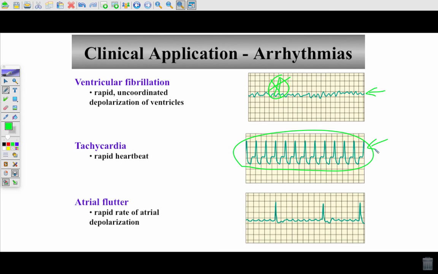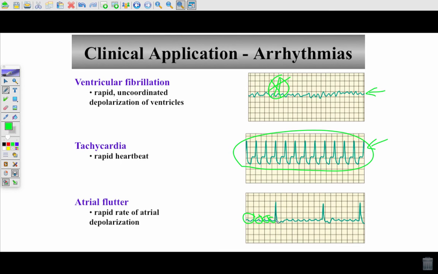Tachycardia is rapid heartbeat. Atrial flutter is kind of like an atrial fibrillation, but atrial flutter is more organized, less random than a fibrillation. So this flutter means the atria are kind of in a circular pattern of depolarizing.